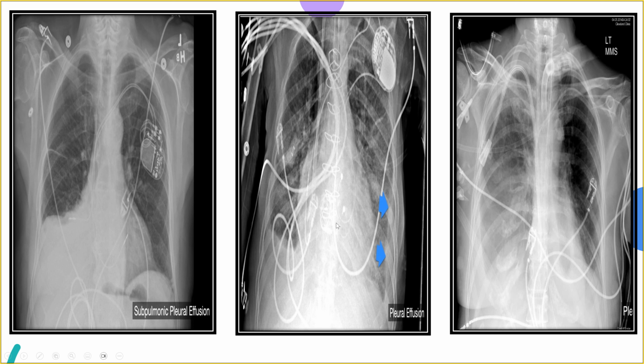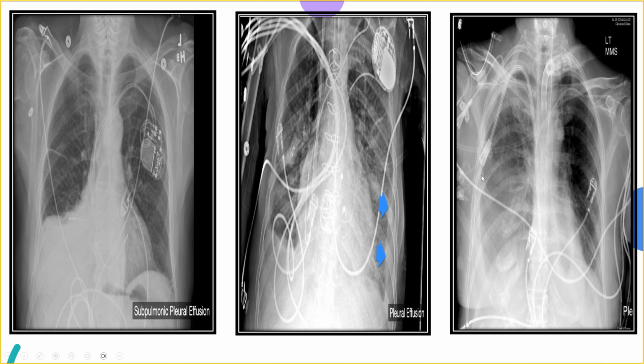In certain ITU patients, what happens is if the patients are lying flat, the pleural effusion can trace down along the costal surface, and this can present as pleural effusion along the costal margins and not specifically in the angle.